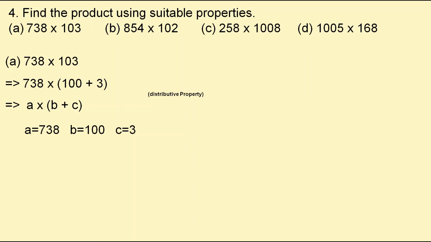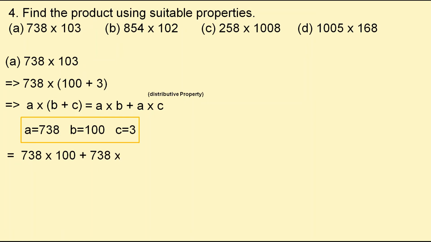So let's put these values of A, B, C in the second part of the distributive property, that is A into B plus A into C. So let's write 738 into 100 plus 738 into 3. So 738 into 100 is equal to 73,800.